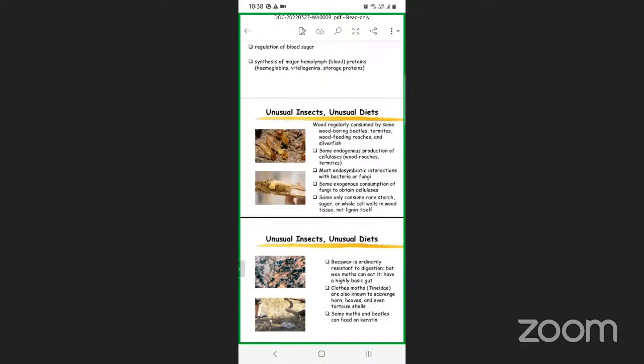They totally depend on other insects. Some giant water bugs even feed on snails.